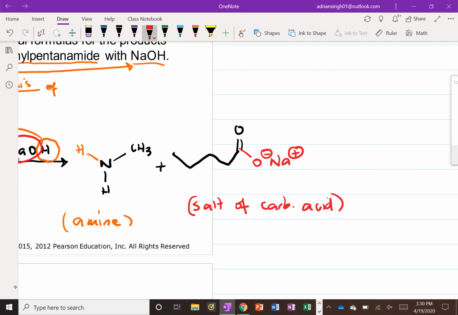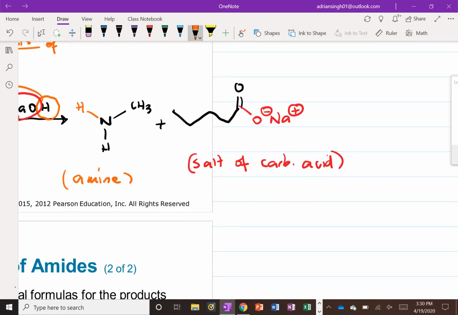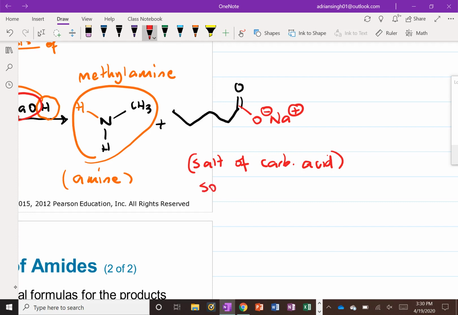And if we wanted to, we could name these, probably should. So this here would be methylamine. And then our salt here, the carboxylic acid, this would be sodium, and then we have a 1, 2, 3, 4, 5.